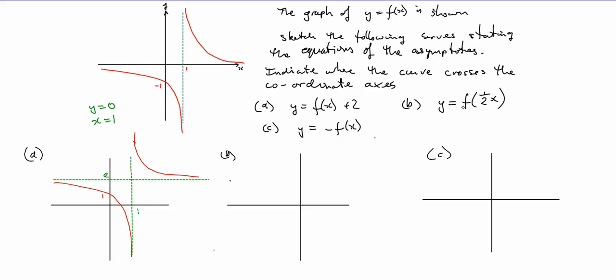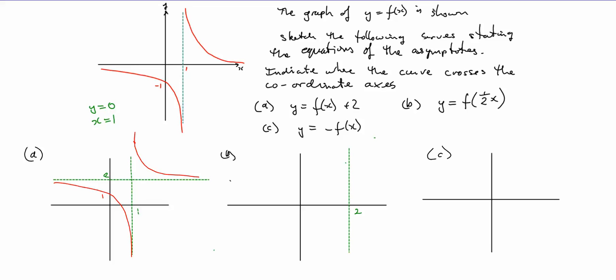The second one, B, y equals f of a half x, well, that is a stretch parallel to the x-axis of factor 2. And so everything will be stretched parallel to the x-axis only, so the vertical asymptote will be stretched by 2 and will be moved from 1 to 2, like that.